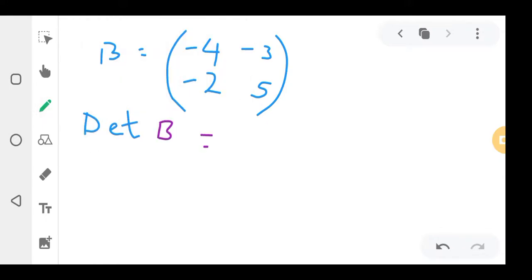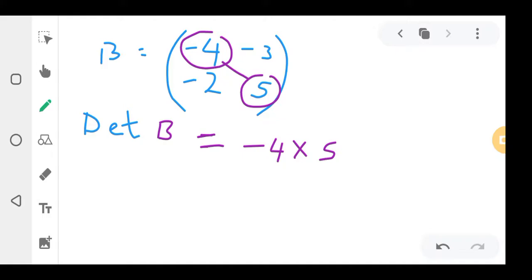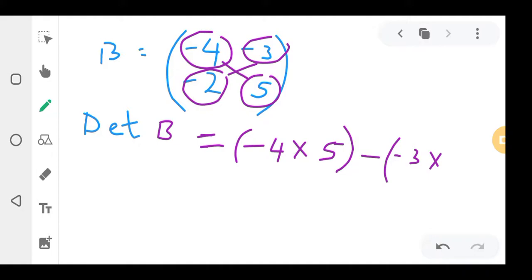B is equal to -4 times 5, and then in brackets, minus, open bracket again, -3 times -2, in square brackets.